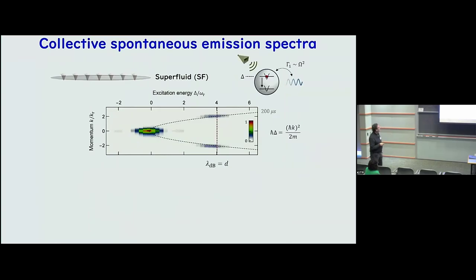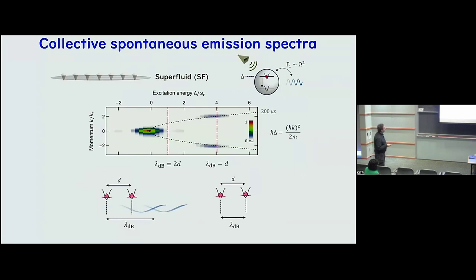And so if you look at the conditions here, the de Broglie wavelength is the same as the distance between the emitters, so that gives you constructive interference, and here the de Broglie wavelength is twice the emitter distance, and that gives you destructive interference. So that's superradiance here, and that's subradiance.